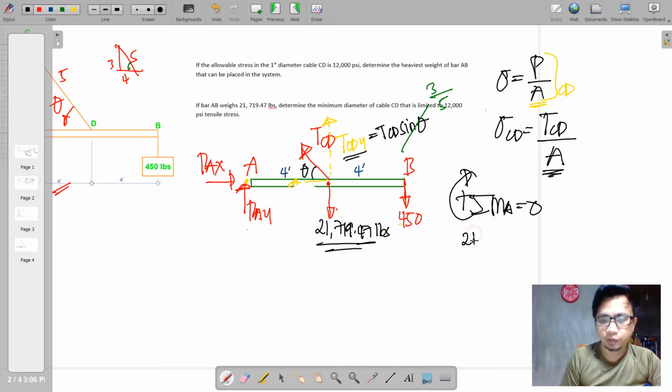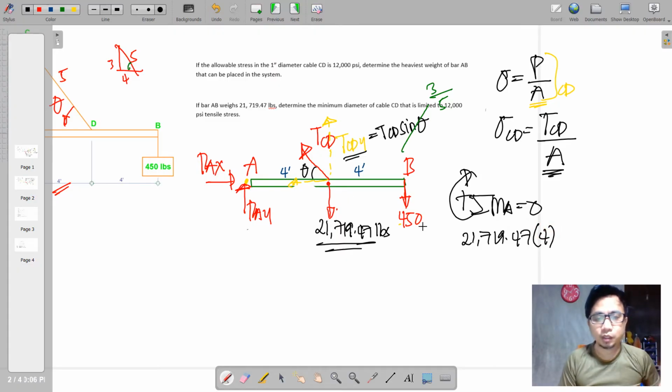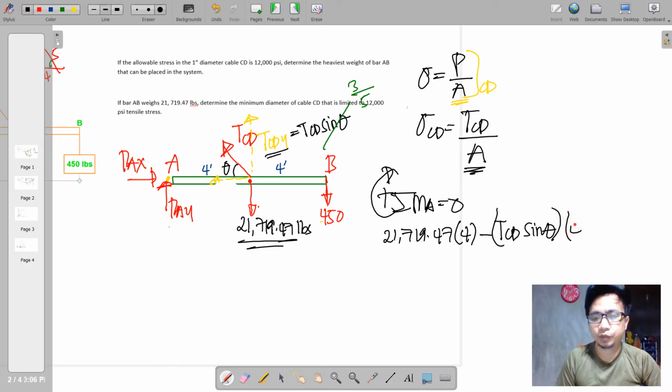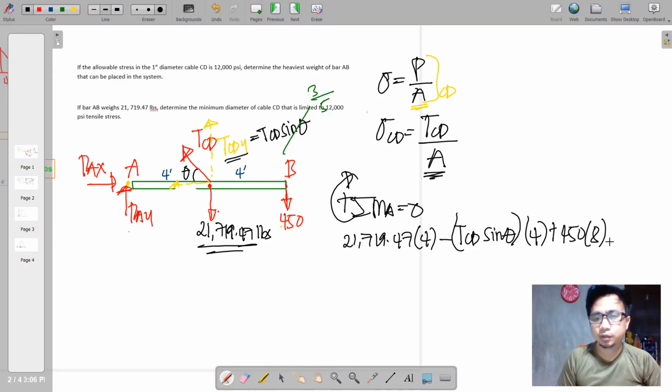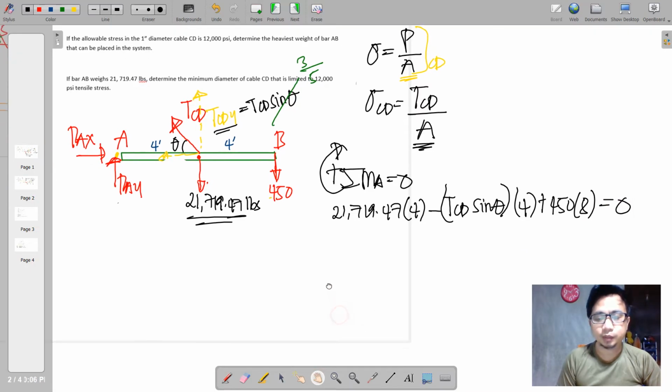First, we have the weight that will be clockwise, 4, and then the vertical component of CD, that will be a counterclockwise moment, TCDY, which is TCD sine theta, times the moment arm, of course that is obviously 4, and then we have here the weight, the far end. So the far end distance is 8, and this will now be equal to 0.